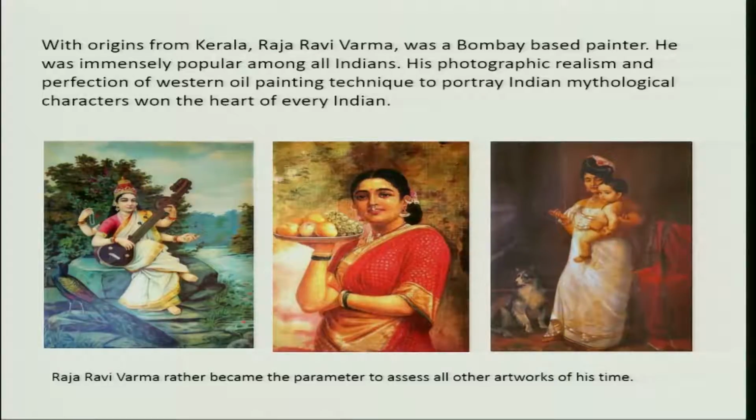So it's a mother and child, and the title of the artwork is translated as "Here Comes the Father" with the pet dog. So the subject matter ranged from the religious, mythological and daily life topics, but the kind of sensibility that he was trying to portray was very interesting here.